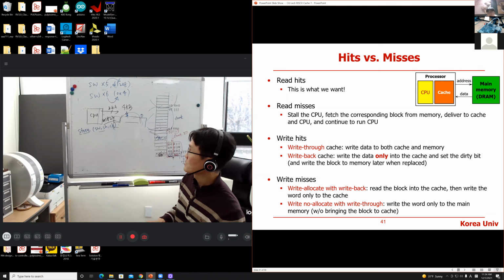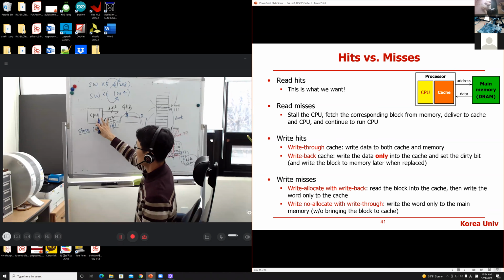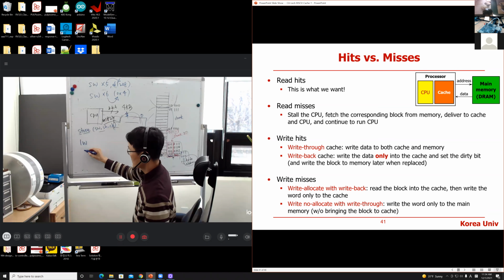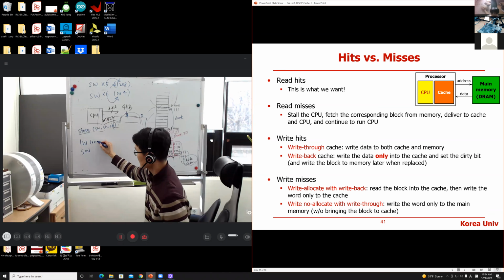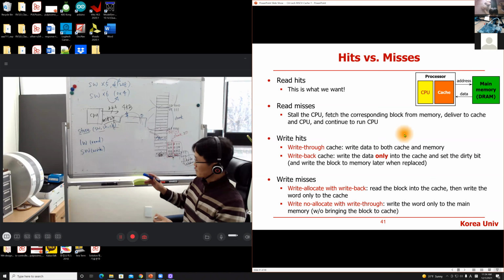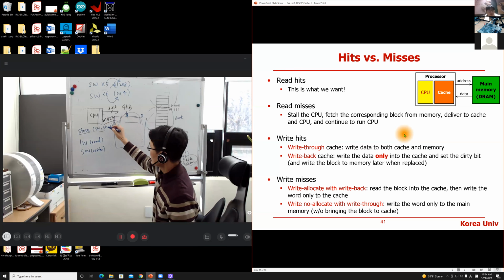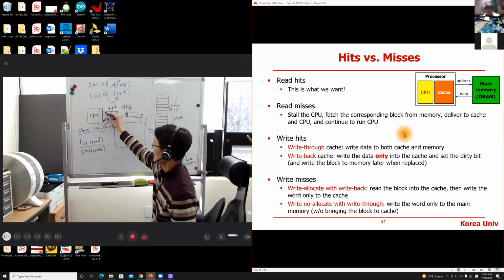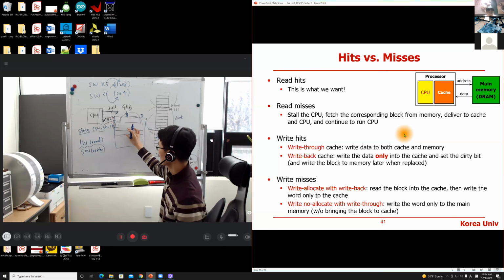Read operation, write operation. Again, cache is accessed when CPU executes LW memory read instruction or memory write instruction. Right? So read hit means what? Based on the address CPU generates for the read operation, you select one particular cache entry for lookup, right?